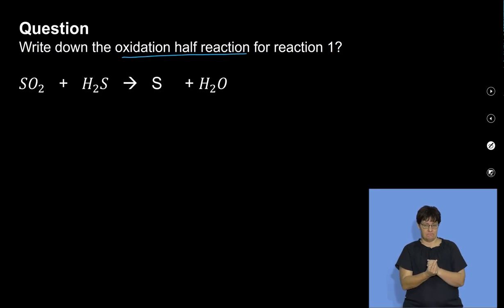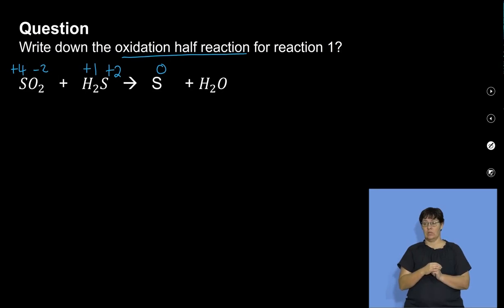In sulfur dioxide, oxygen is -2, so sulfur is +4 in this combined state, and then here it's 0. Oxidation has to do with loss. But again, here hydrogen is +1, so sulfur is +2. If you look at the +2 to 0, that is the gain.